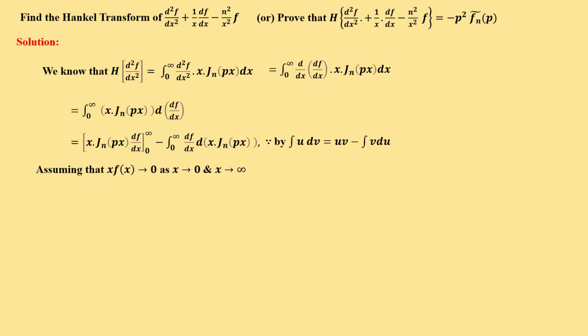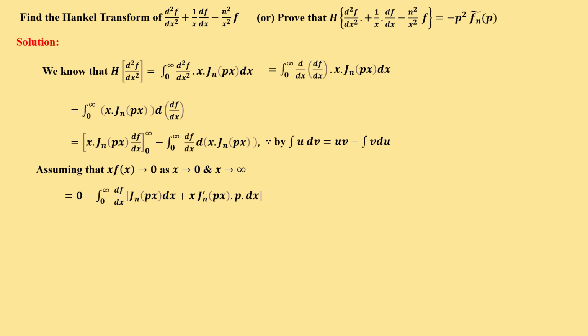So assuming that x f(x) tends to 0 as x tends to 0 and as x tends to infinity, the first term is 0 at the upper limit and at the lower limit. So the first term is 0 when applying the limits, minus the integral from 0 to infinity of df/dx.